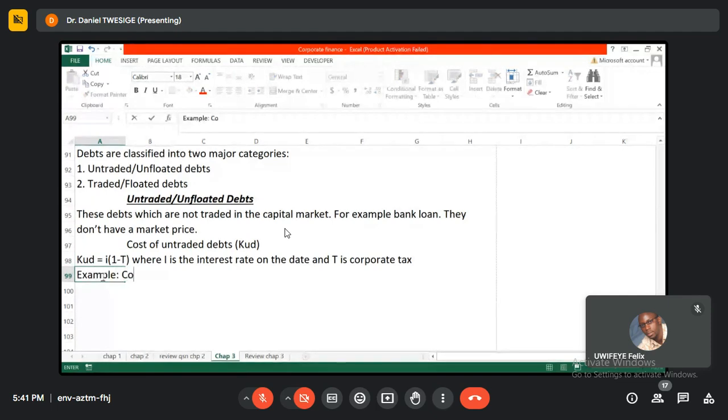So let's say maybe a simple example that company X is financing its operations using 10% bank loan.